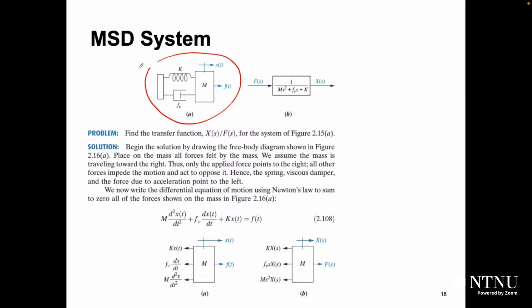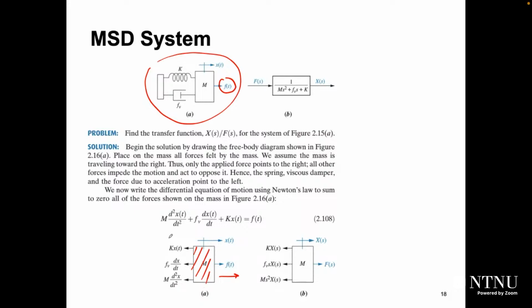So now we need to draw the free body diagram first. We will draw this M, and try to plot the forces which are acting. We know that F(t) is a force acting on M to pull it to the right-hand side. And there will be forces generated from the spring, for example.